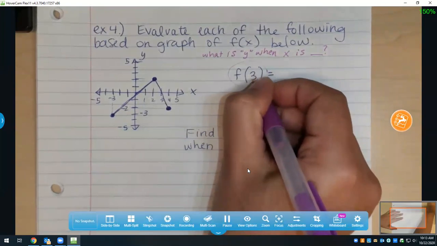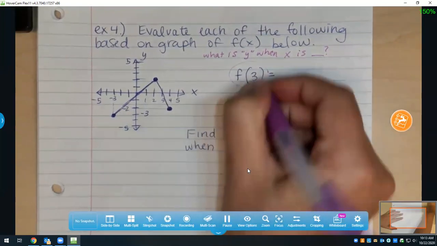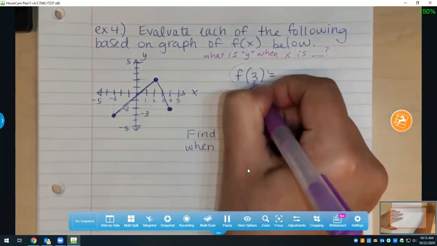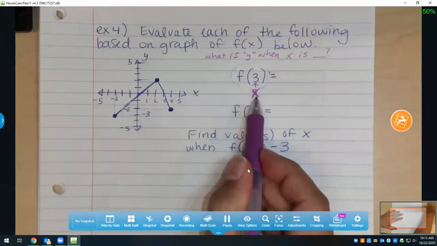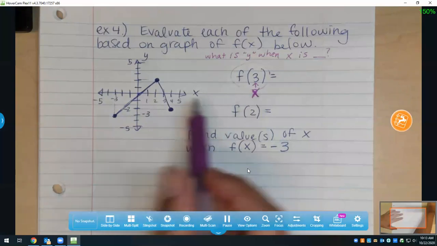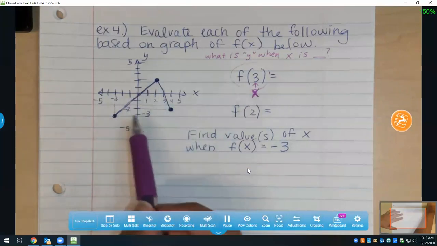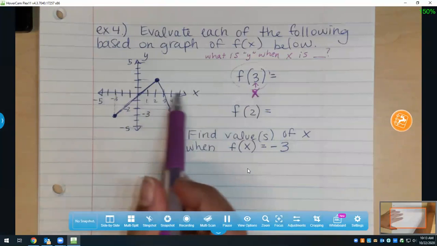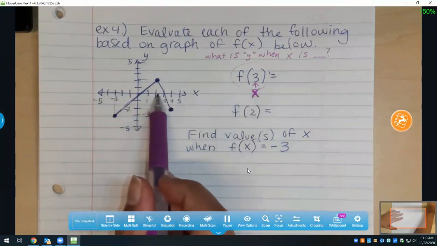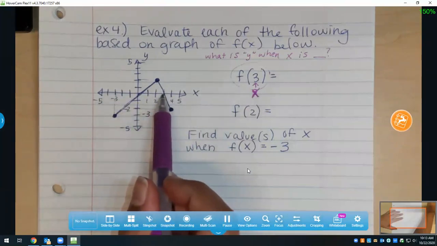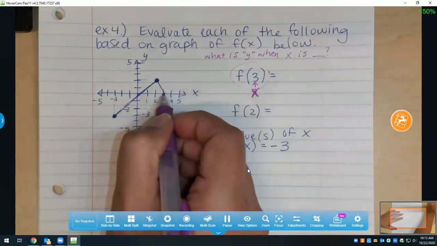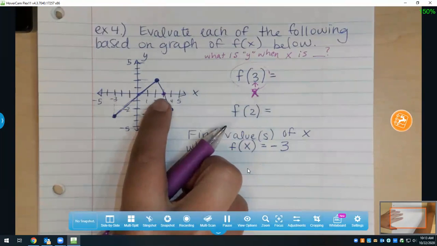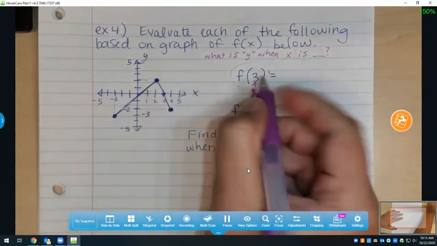So when x is 3, sorry, x is what I meant to write there. I just wrote 3. But when x is 3, what is y? Looking at your graph, when x is 3, what is the y value? Yeah, 0. So it's from this ordered pair.